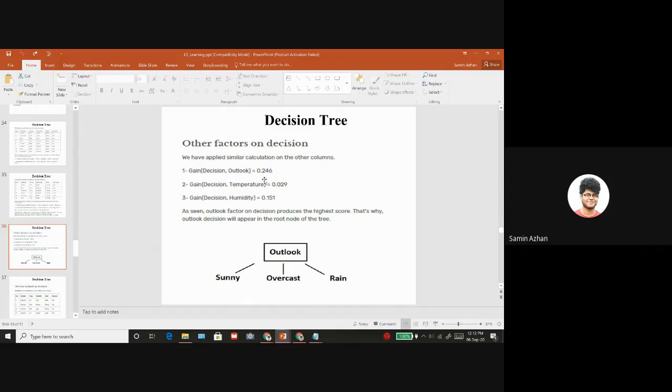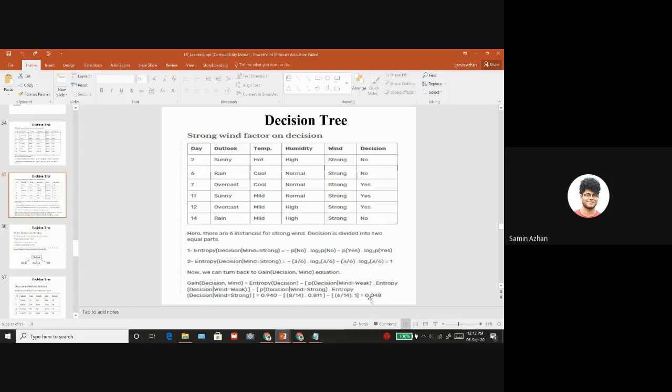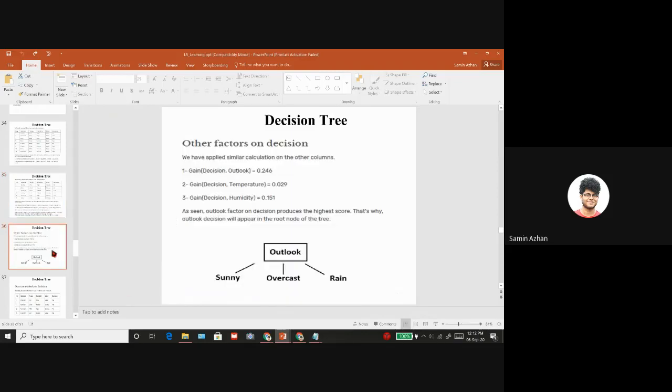So that will help us branch out the tree to be more efficient. So in this particular case, after calculating the information gain of outlook, temperature, humidity, and wind, which is here, 0.048, we see that the maximum is outlook. So it's saying that the most efficient would be to start off with outlook.